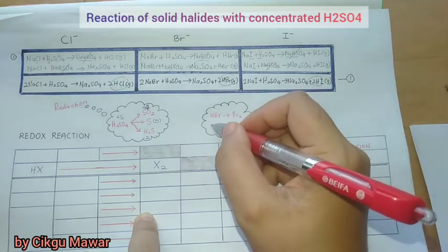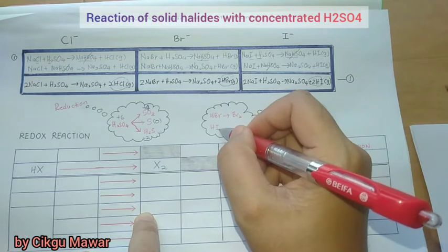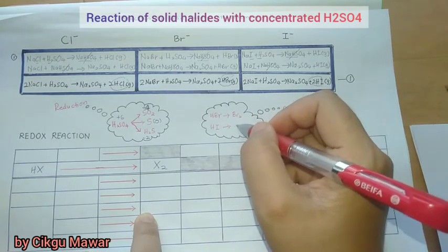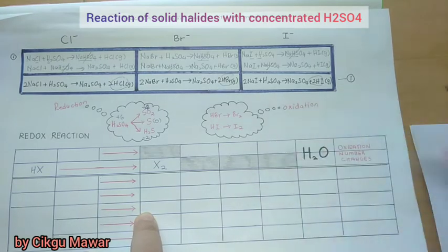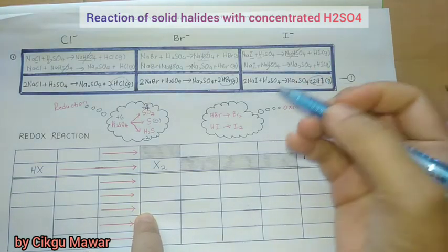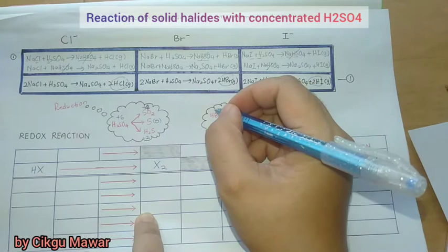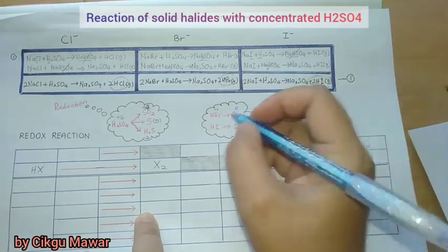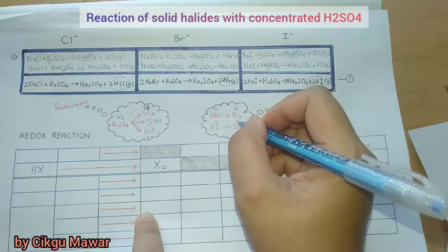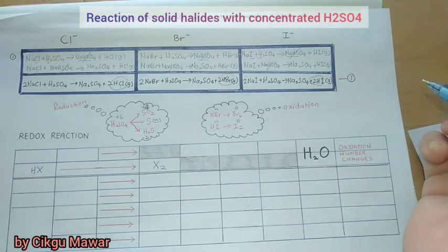While hydrogen iodide will oxidize itself to form iodine. So the oxidation number changes from -1 to 0, and from -1 to 0. So this is the oxidation process.